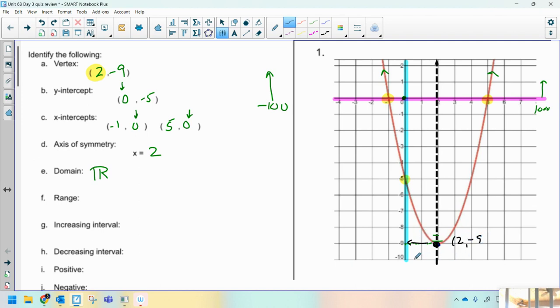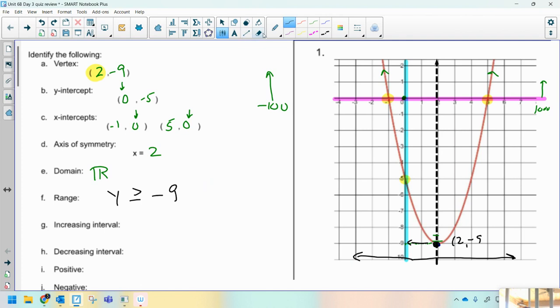But if I go down to -10 and go all the way across to the right and to the left, it will never touch this parabola at -10. So we're going to say the range touches at -9 and everything greater than -9. It touches at -9. That's where the equal sign comes in. And it touches everything above -9. And it always is a y. So y is greater than or equal to -9 for our range.